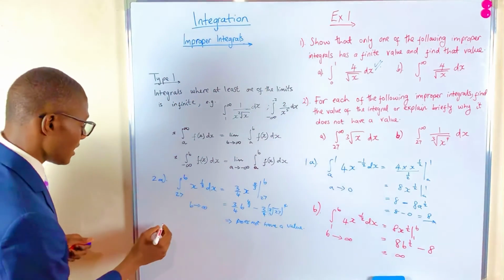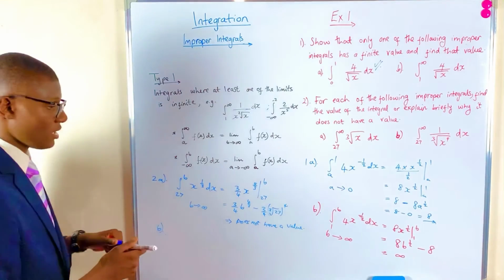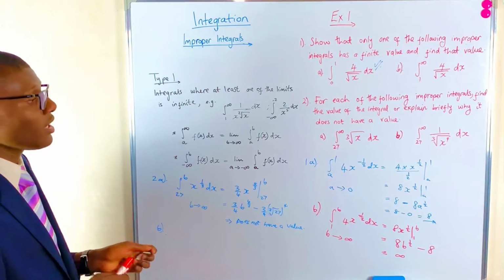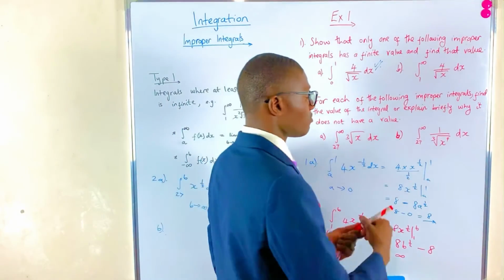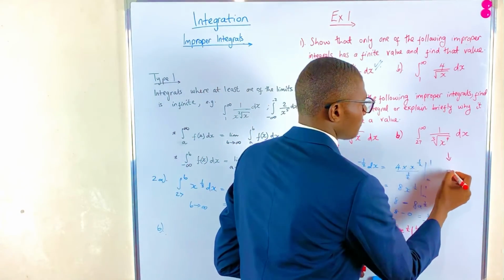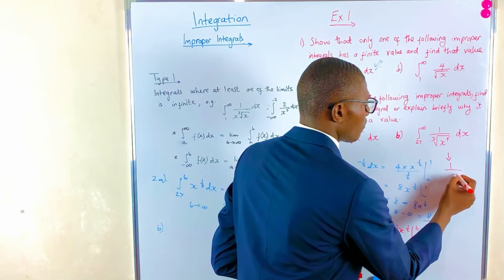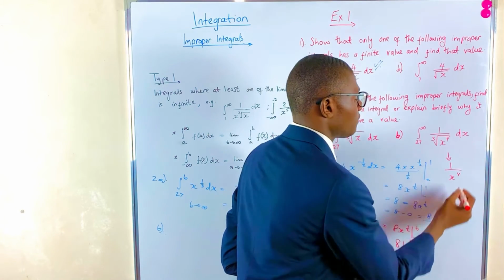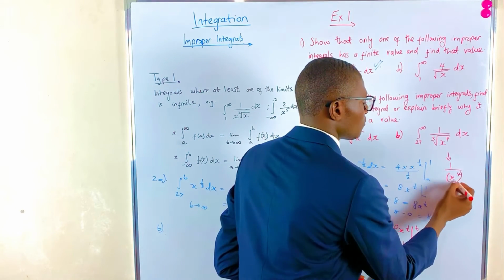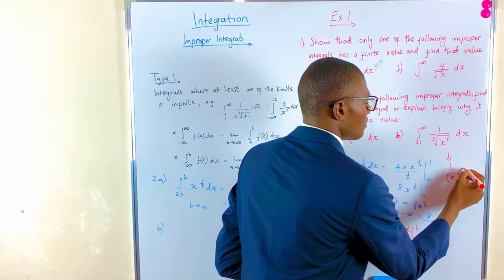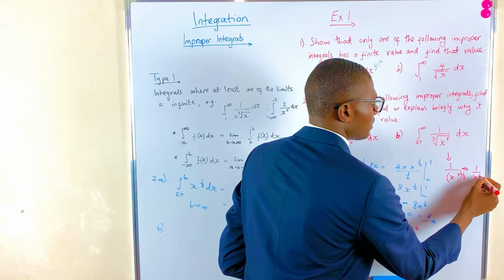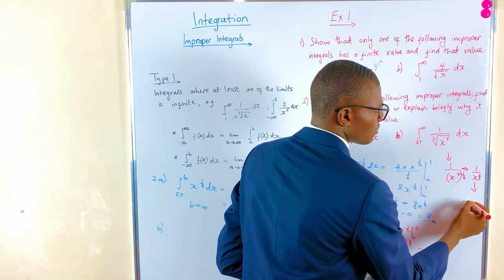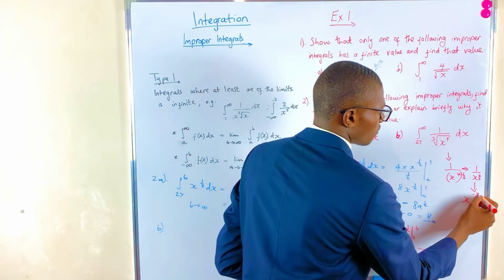And then for the second one, part B, if we rewrite this, this would be 1 over x to the power of 4, raised to the power of 1 over 3, which we can reduce to 1 over x to the power of 4 over 3, and further reduce to x to the power of minus 4 over 3.